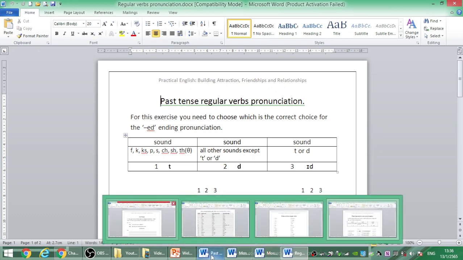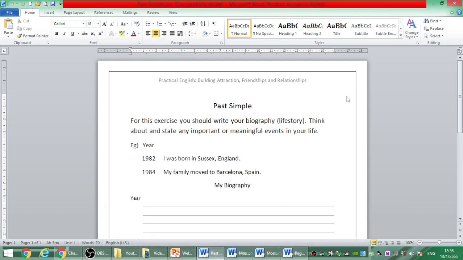Okay, and in another link in the description, there's another task for you to do. For this exercise, you should write your biography. Your biography is your life story. So think about and state any important or meaningful events in your life.